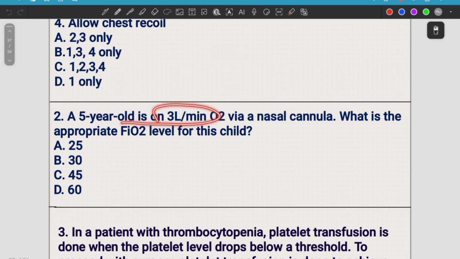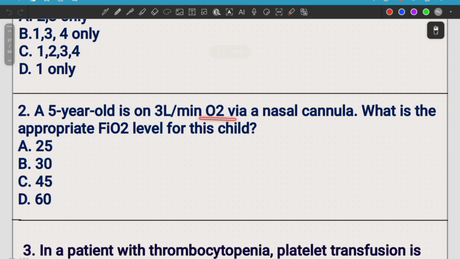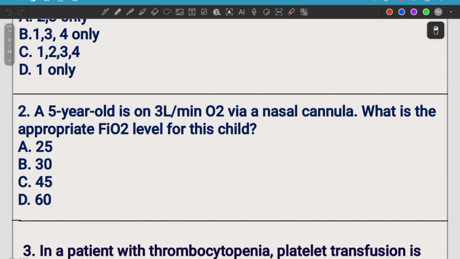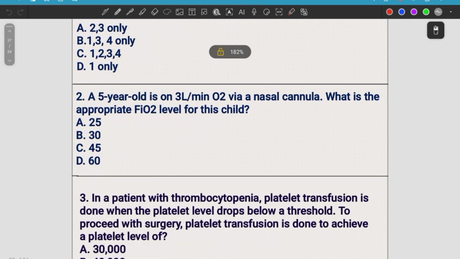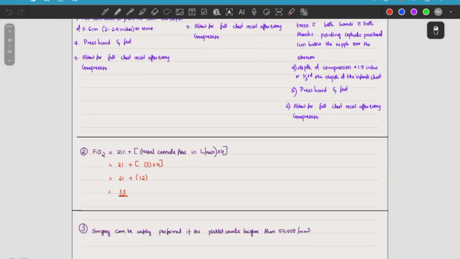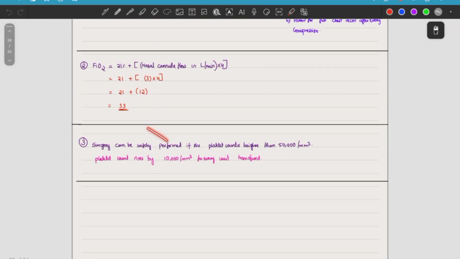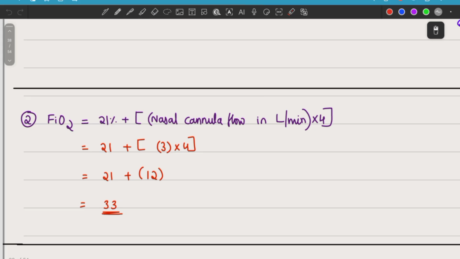A 5-year-old is on 3 liter per minute oxygen via nasal cannula. What is the appropriate FiO2 level for this child? There is a formula to calculate it. Let me show you how to calculate FiO2.